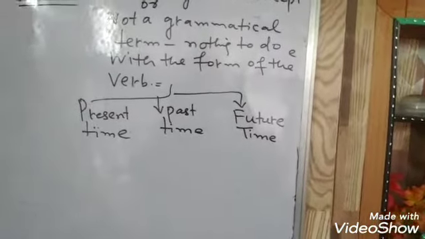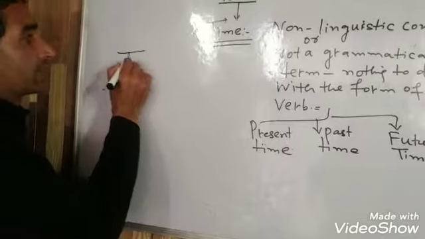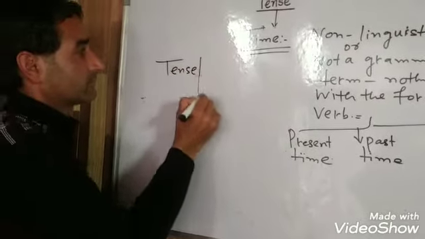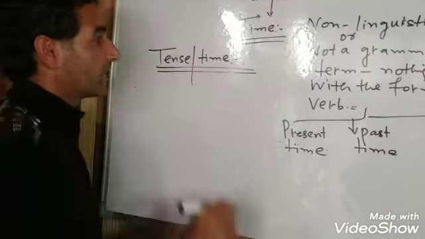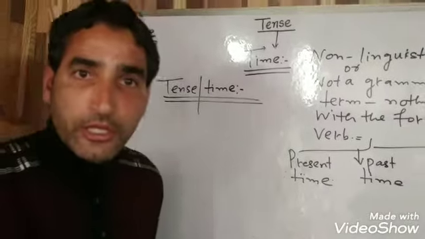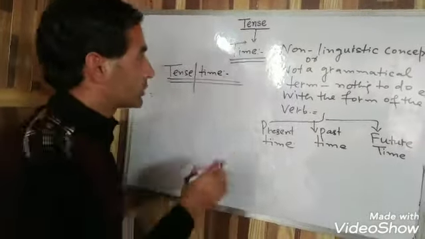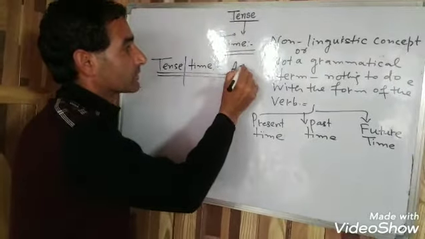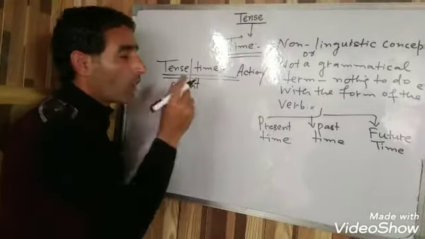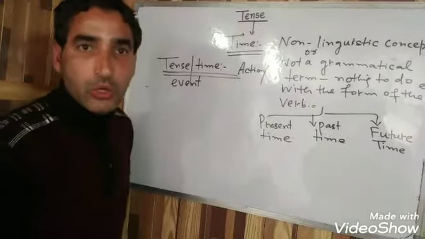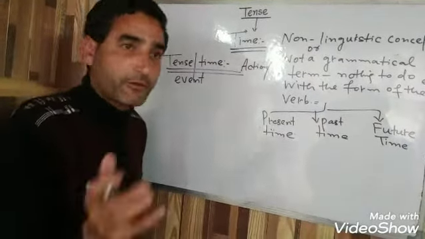Now there is one more aspect, tense and time. Now we know that tense usually shows the time of an action or event. But more often, there is no correspondence between tense and time. Tense means the form of the verb.